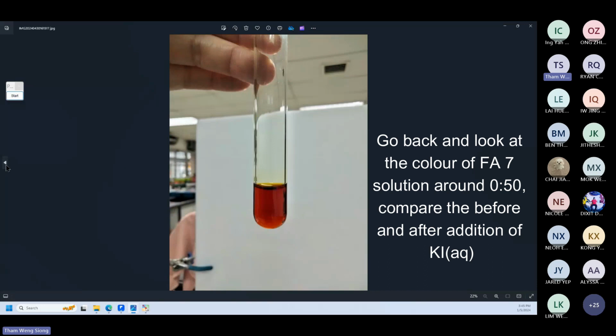Okay, Fa7, add potassium iodide. Once you write down the observation, give a thumbs up.